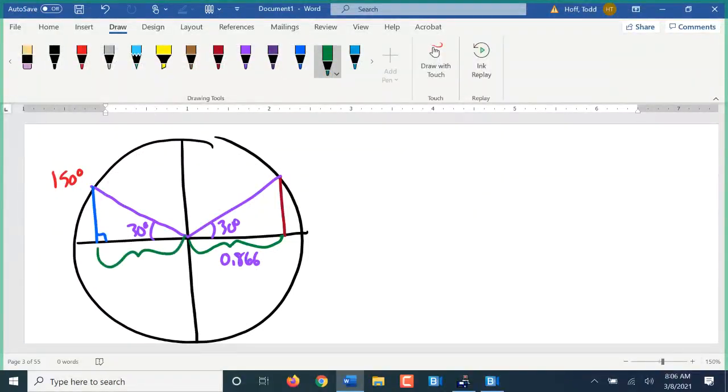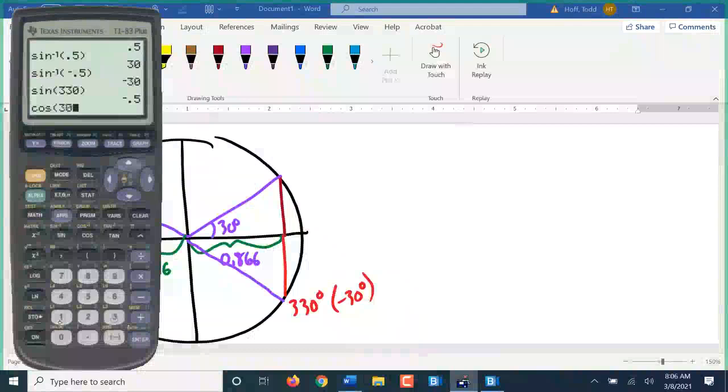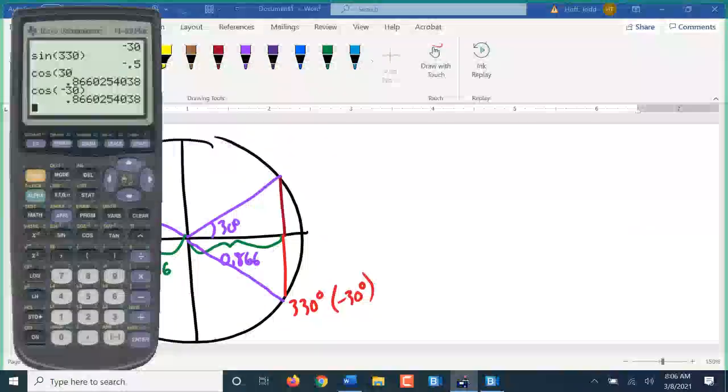That cosine is a negative 0.866. Where would we end up with the same cosine? Oh, it would actually be over here at 330 degrees, or a negative 30 degrees. So cosine of 30 is 0.866. Cosine of negative 30 is also positive 0.866.